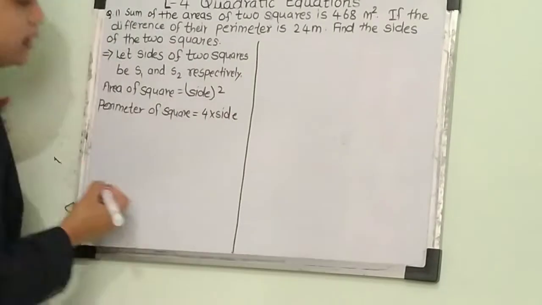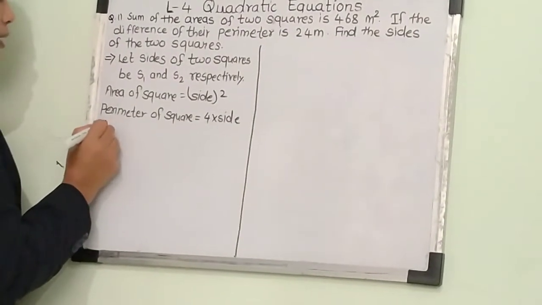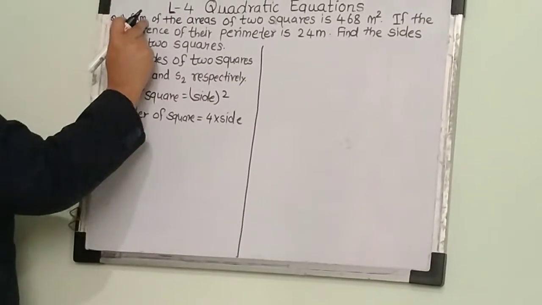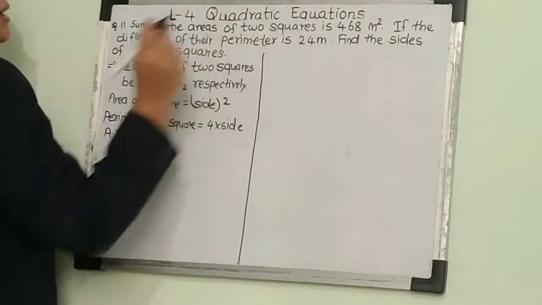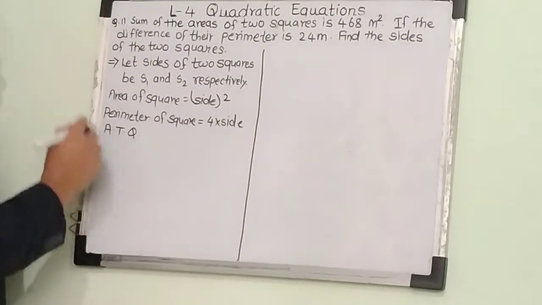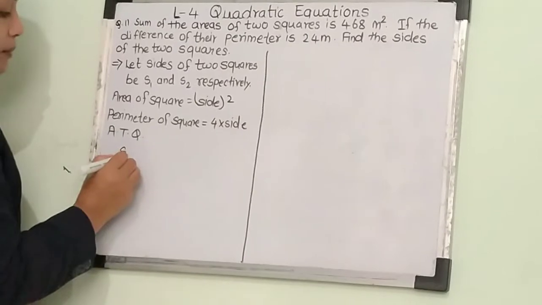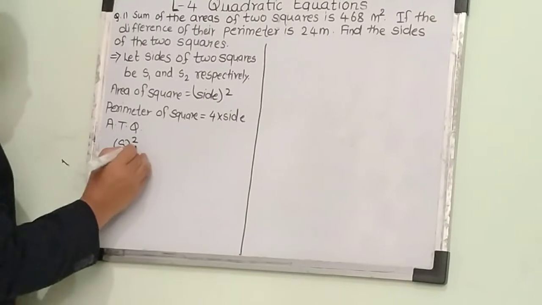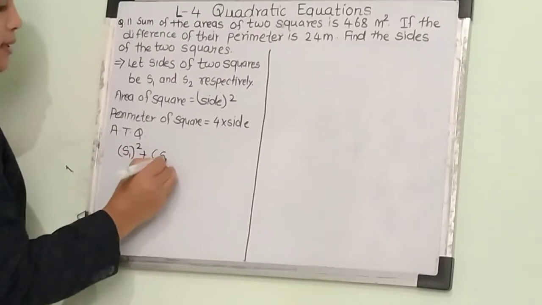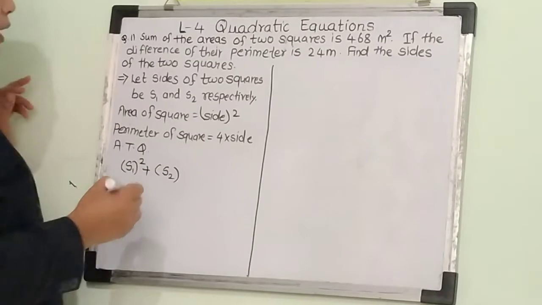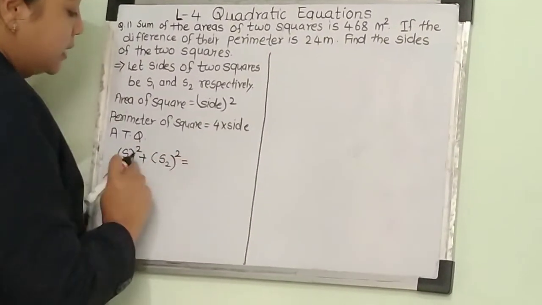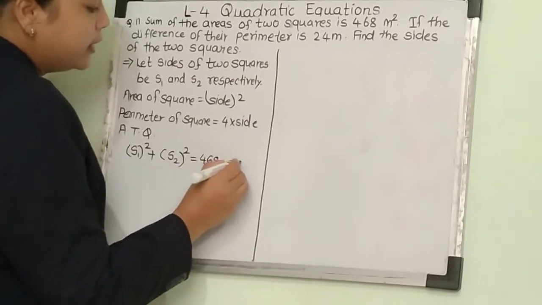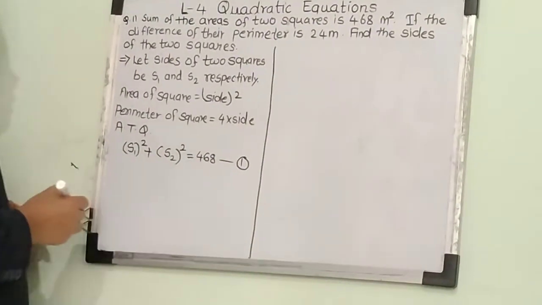So according to the first condition in the question, the sum of areas of the two squares is 468. So the area of the first square, S1 square, plus the second square, S2 square, equals 468. That is your first equation.